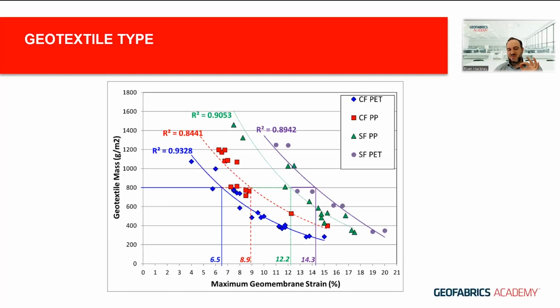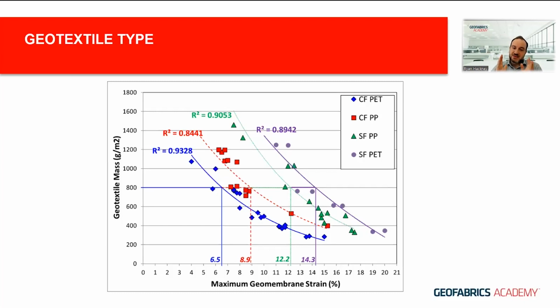But if we split that up into the different geotextile types, blue continuous filament polyester, red continuous filament polypropylene, green staple fiber polypropylene, and purple staple fiber polyester, we get that really good level of correlation. And you can see there are some distinct differences between the different geotextile types.